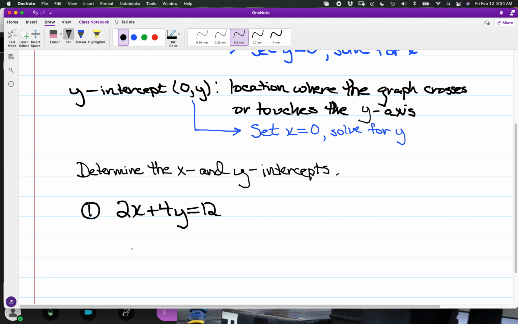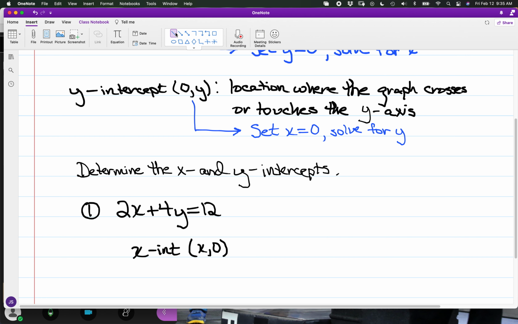And taking what we have in the determination of the intercepts, again, for each x-intercept, we have the general coordinates x, 0.